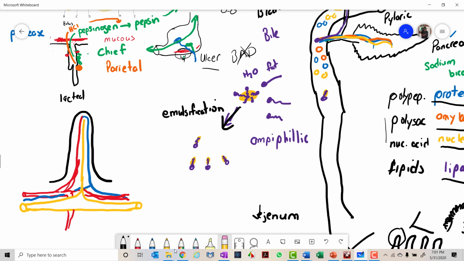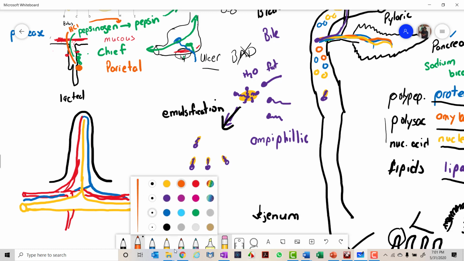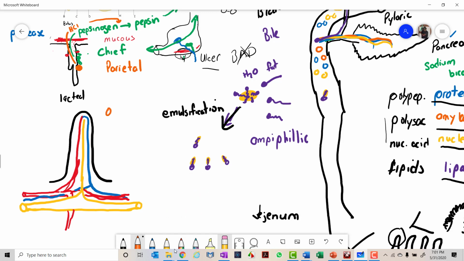So let's take your glucose. The glucose is going to be sitting out here in the lumen, the open space of the small intestine, and it needs to be absorbed. So it gets absorbed into the blood vessel, and it gets taken away. Now the amino acids are broken apart, and they are going to be absorbed and taken away into the circulatory system.